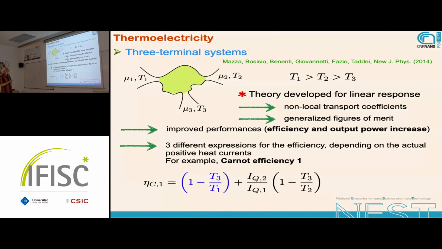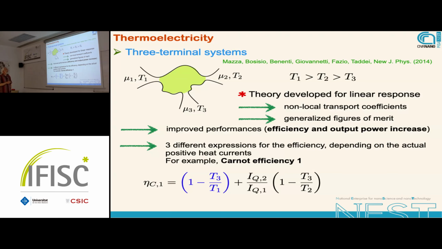I just want to say a few things. So just consider a three-terminal system, completely general. A conductor attached to three terminals with different temperature and different chemical potential in all the leads, and you just order the temperatures, for example, in this way. In this paper here, we developed the theory in linear response to characterize the system from the point of view of a heat engine.